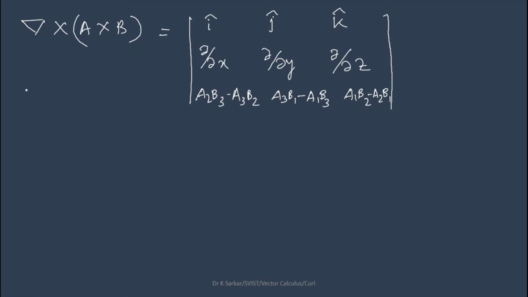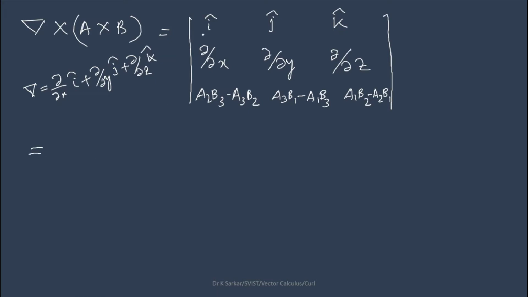Here let us remember grad equals del/del x i plus del/del y j plus del/del z k, so for that reason we have taken the components del/del x, del/del y, del/del z here.